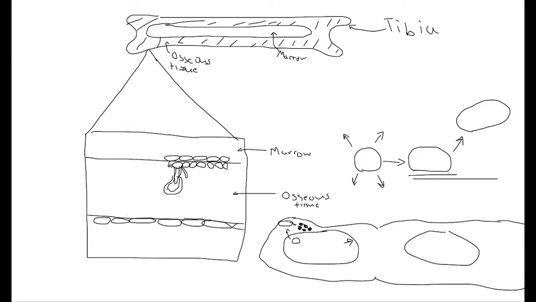So in, out, and in. Other cells would line the inside of the osseous tissue.